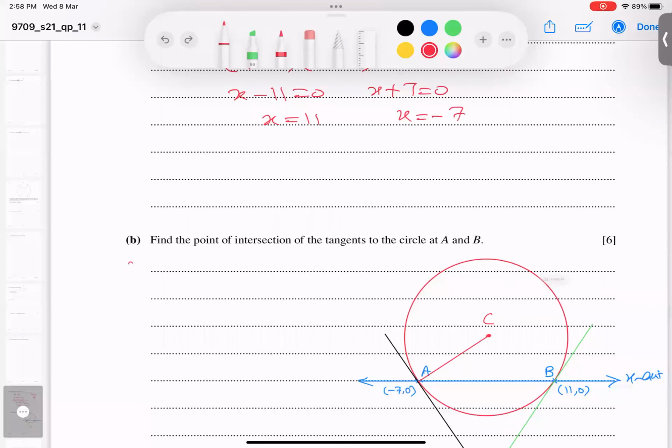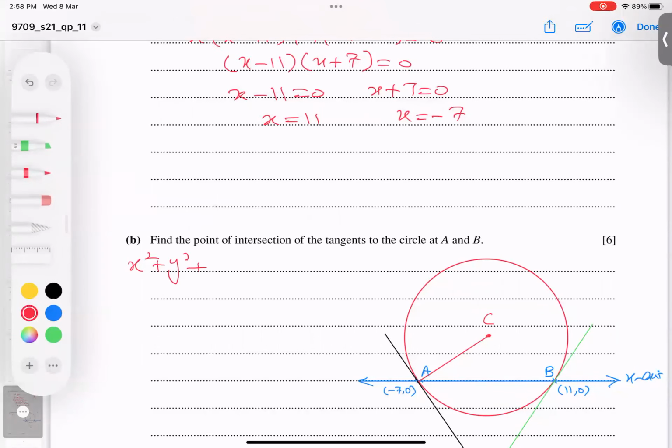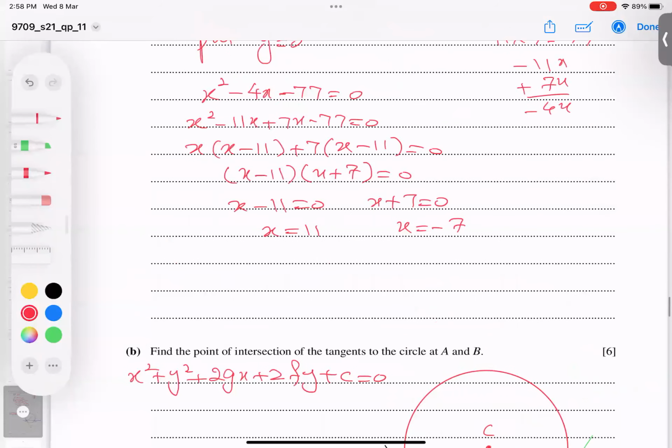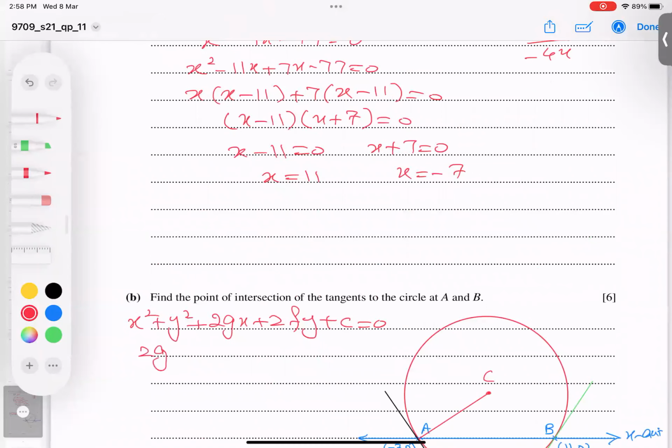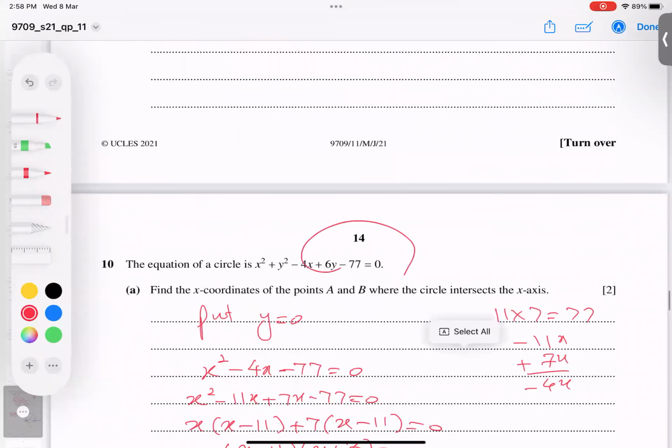So I equate x square plus y square plus 2gx plus 2fy plus c equals 0. If I compare this 2g with this minus 4x, then 2g is equal to minus 4, and 2f is equal to what is the y coefficient? 6.